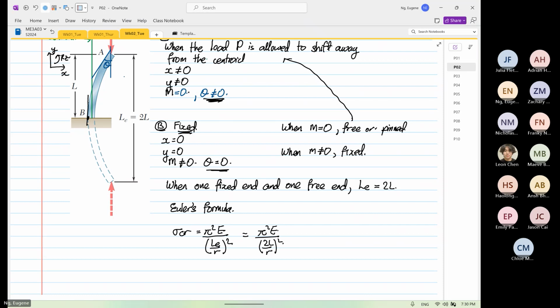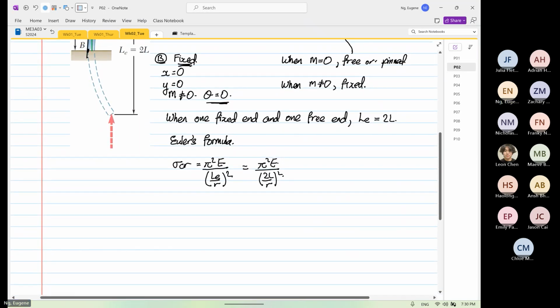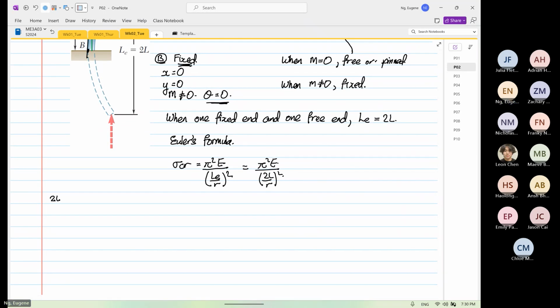Now if we were to calculate 2L over R, we have the square root of pi squared E over the critical stress.